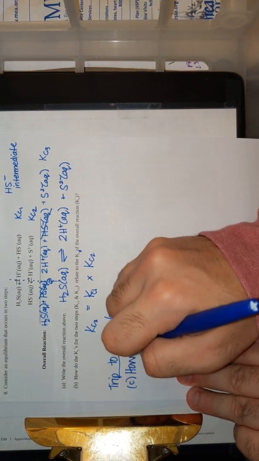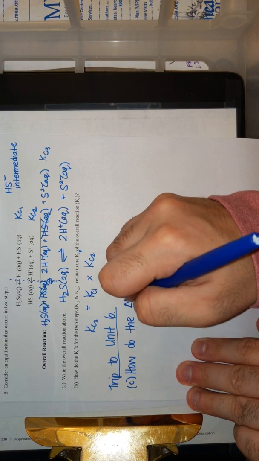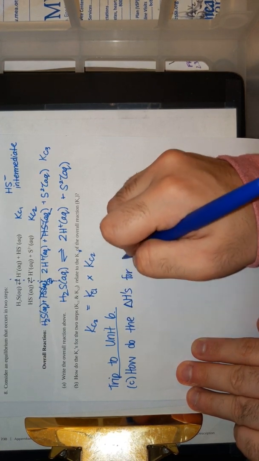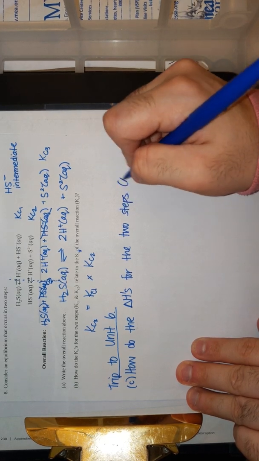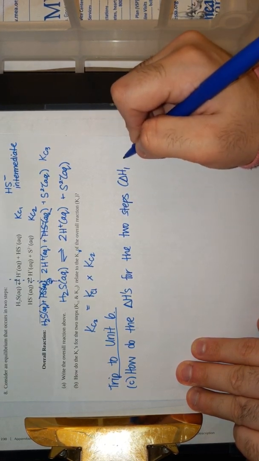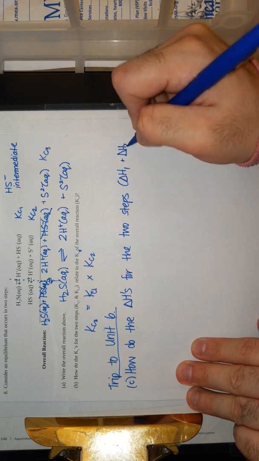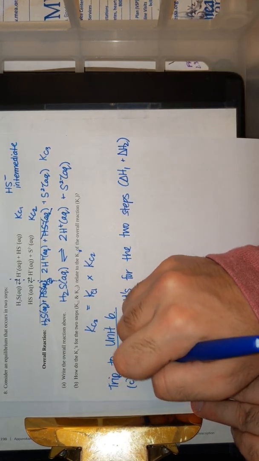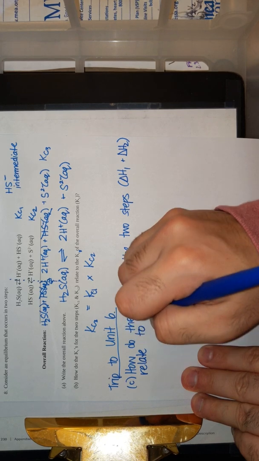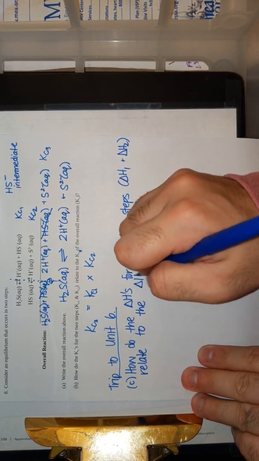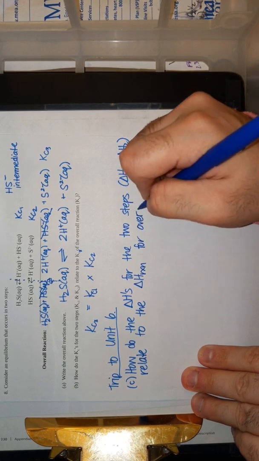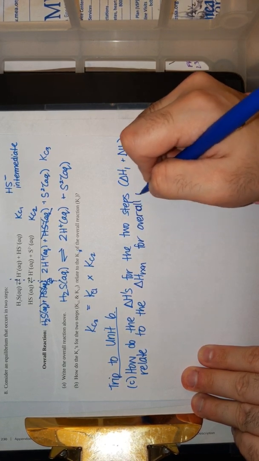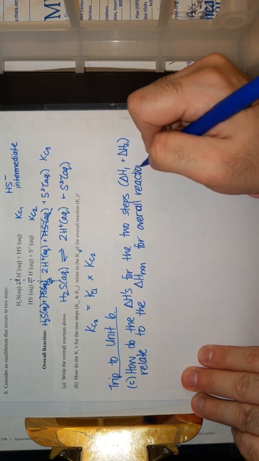How do the delta H's for the 2 steps, let's call that delta H1 and delta H2, relate to the delta H of reaction for the overall reaction? And this is just an aside from Unit 6.